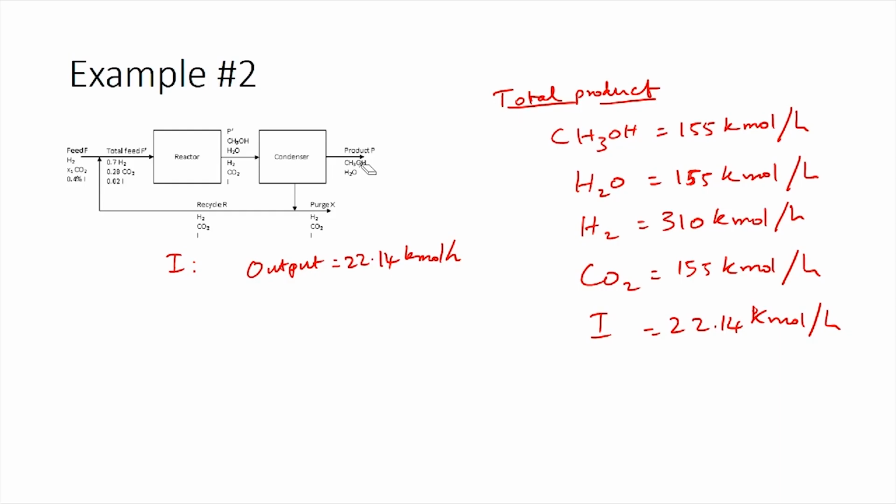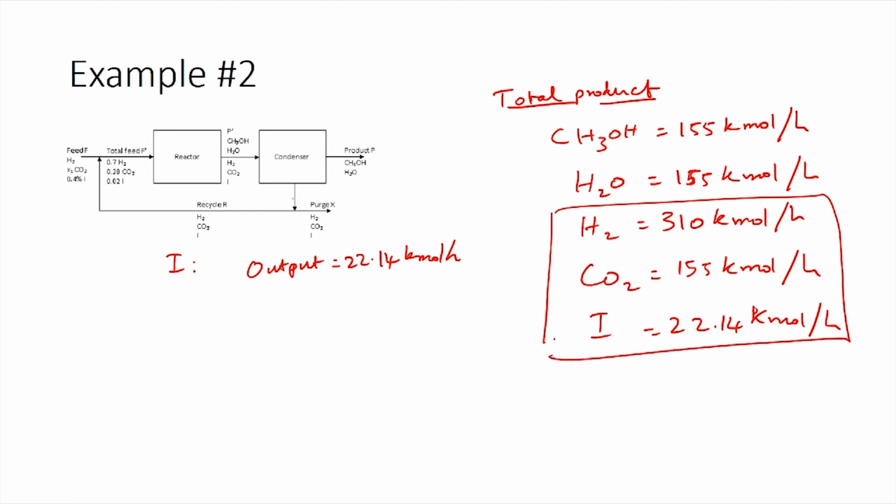Now that we have the information about hydrogen, carbon dioxide and inerts present in the stream that is being split, we can calculate the composition of the recycle stream and purge stream using these values. This stream which is leaving the condenser contains hydrogen at 310 kilomoles per hour, carbon dioxide at 155 kilomoles per hour and inerts at 22.14 kilomoles per hour.